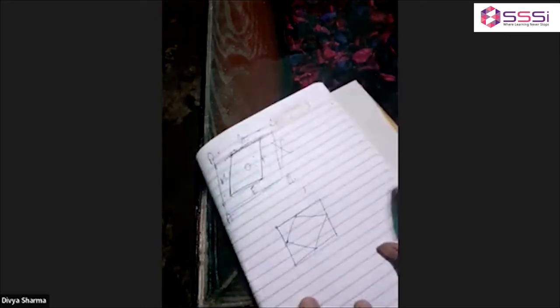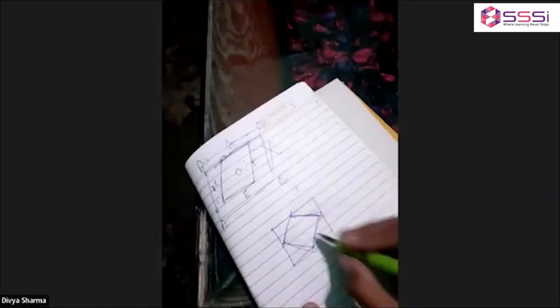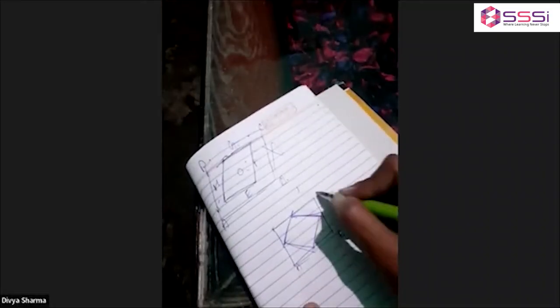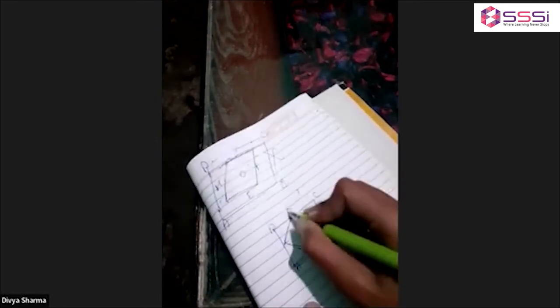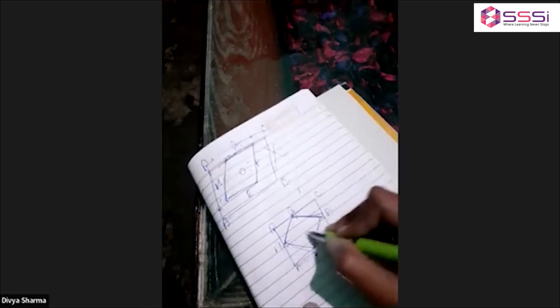The figure will be like this. Okay. Yes, ma'am. Now we will name the points A, B, C, D. O will be our midpoint.